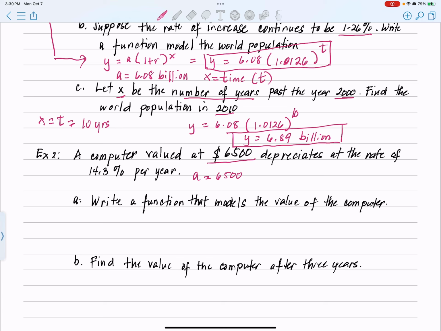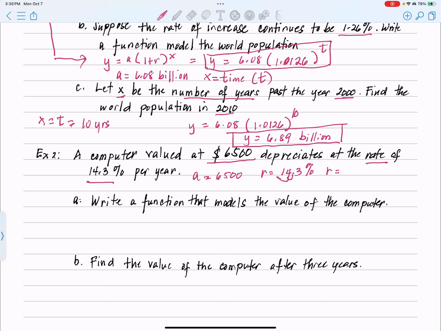The rate is given at 14.3%, or we can change that into a decimal by moving 2 places to the left.